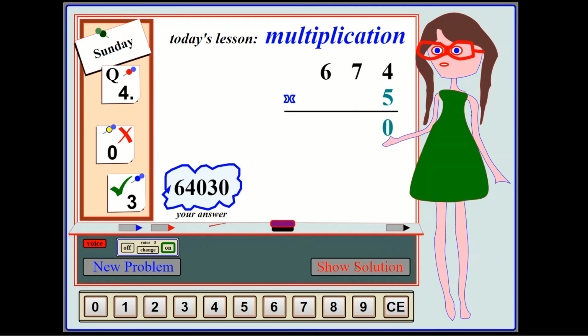Each little calculation uses the 5 times table. 5 times 4 is 20. Note that the calculation using the blue 9 begins under it. 9 times 4 is 36. Remember to carry the 3. 9 times 7 is 63. Adding the carried value, 3, gives 66.